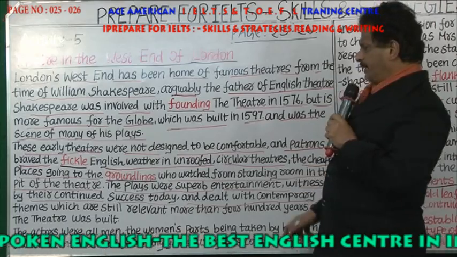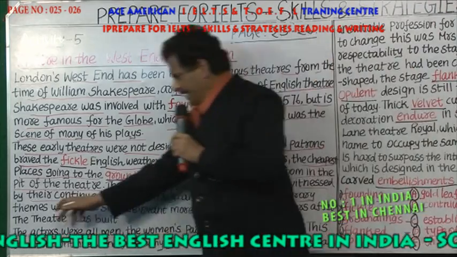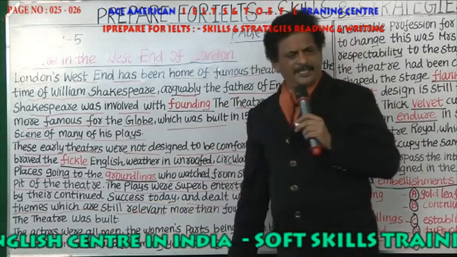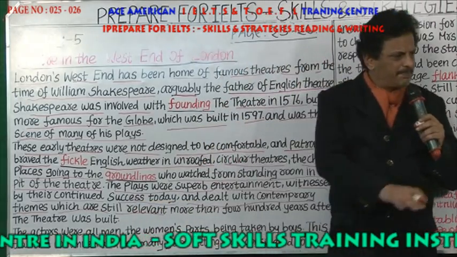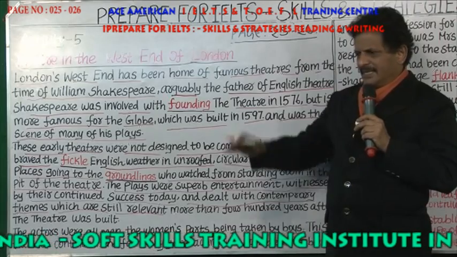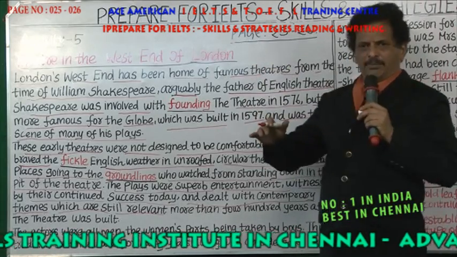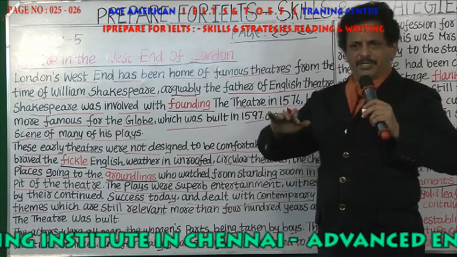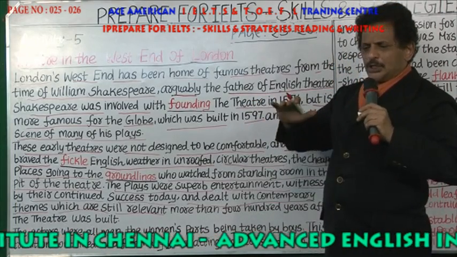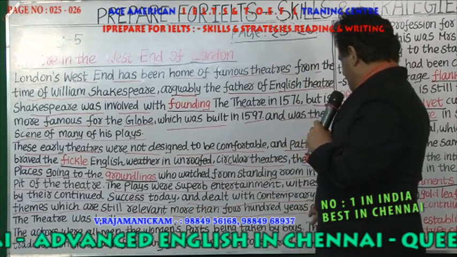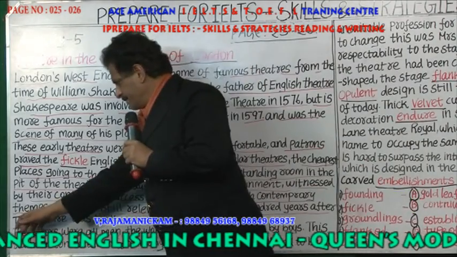What do you mean by contemporary? Contemporary themes which are still relevant. Contemporary means present time. In 1597, what was prevailing in England, they were able to show, and it is still relevant more than 400 years after the theatre was built.